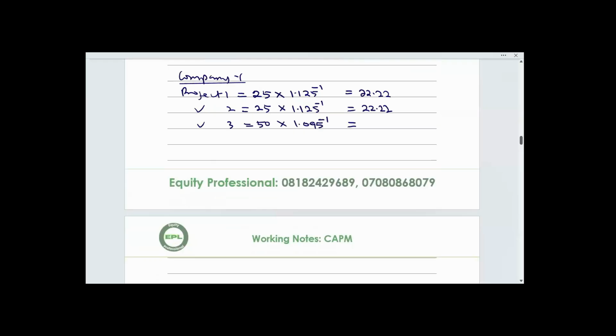So this will then give us 1.095 raised to power 1 minus equal, multiply by 50 equal 45.66. So you then add it up.